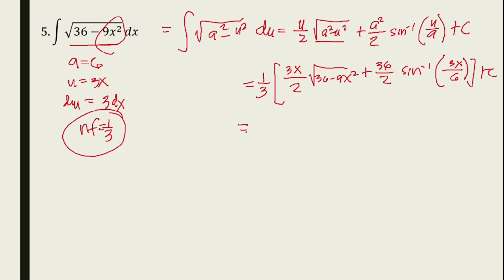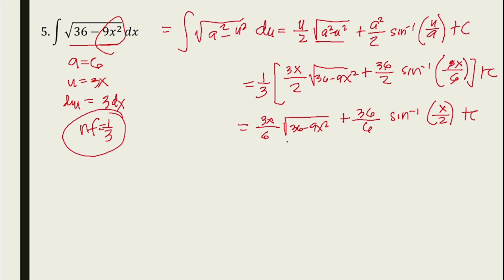Okay, so we have to distribute here. So this is 3x over 6, the square root of 36 minus 9x squared, plus 36 over 6 inverse sine of, you have to simplify this one, x over 2, plus c.